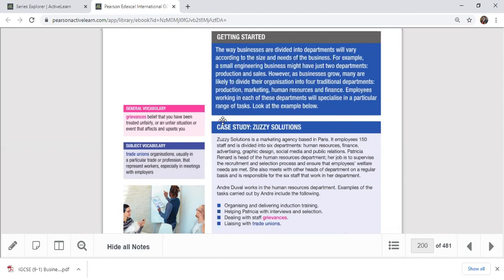Human resource department is responsible for handling the employees of the organization: recruitment, selection, motivation, all that stuff. And finance department is the one managing the finance, paying salaries, and providing financial documents to the decision makers, owners, managers, right? So finance department is like a treasurer. So these things are really important.